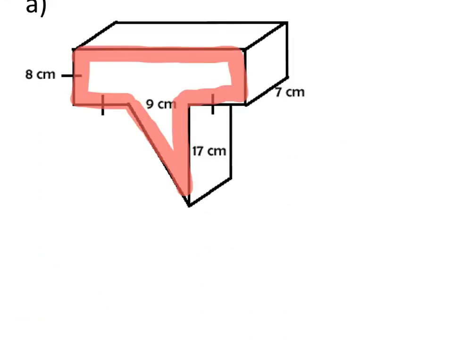In this next problem, we want to first find the area of the base. So the volume, just like before, this is going to be a prism because it's a constant cross-section. So it's the area of the base times the height. So the base I highlighted.